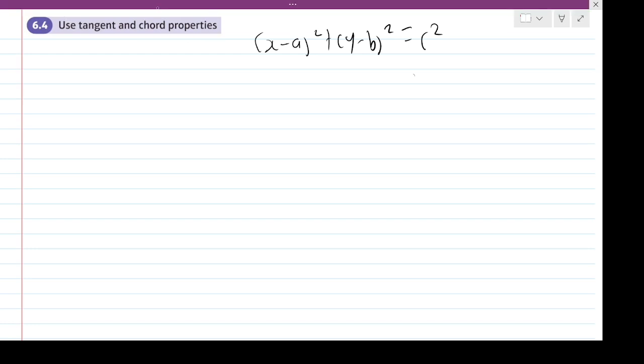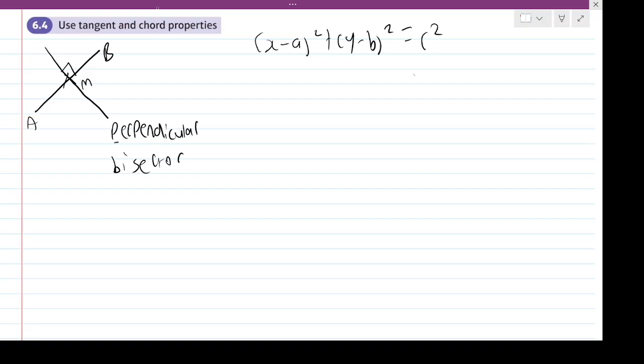So as a reminder, for any given line, say points A and B, the line that passes through the midpoint and is perpendicular to that line, we call the perpendicular bisector. Again, the name kind of gives it away. Perpendicular meaning it's perpendicular to the line, and bisector meaning it goes through the middle, so it has to split the line into equal halves.